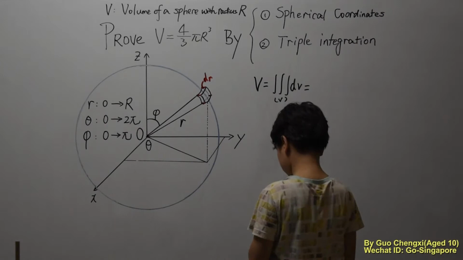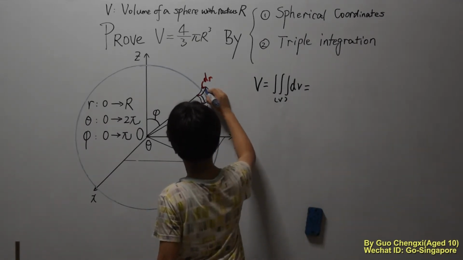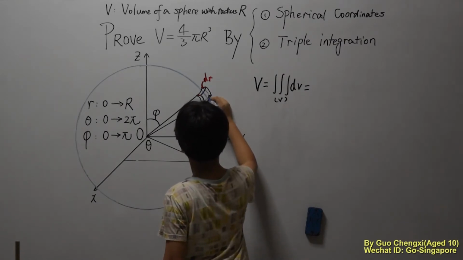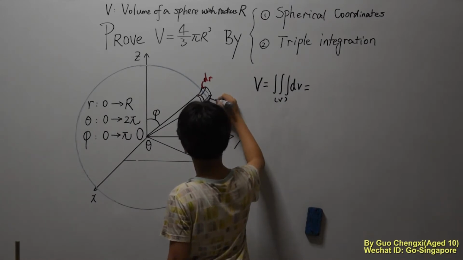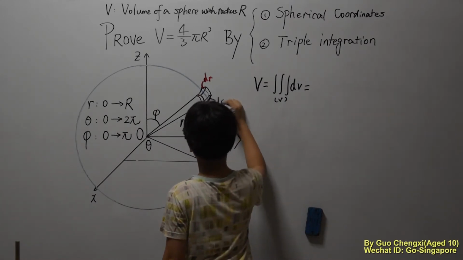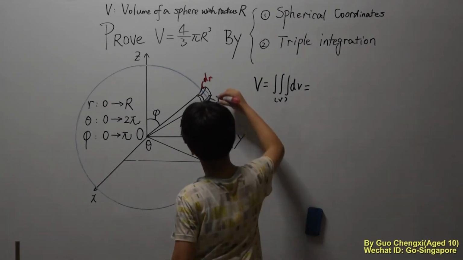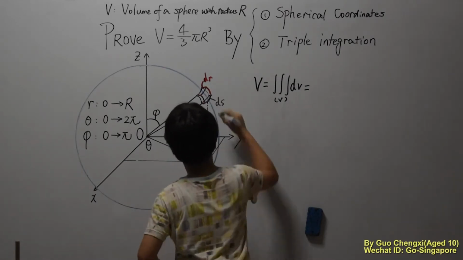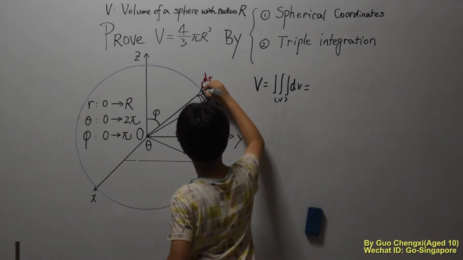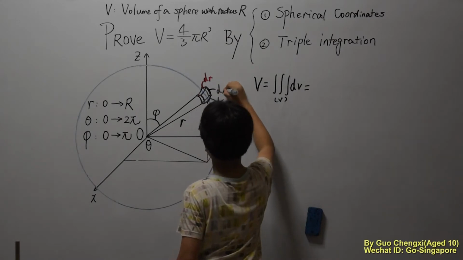Then after that, this part will become ds, and then over here, this green part is for dl, okay?